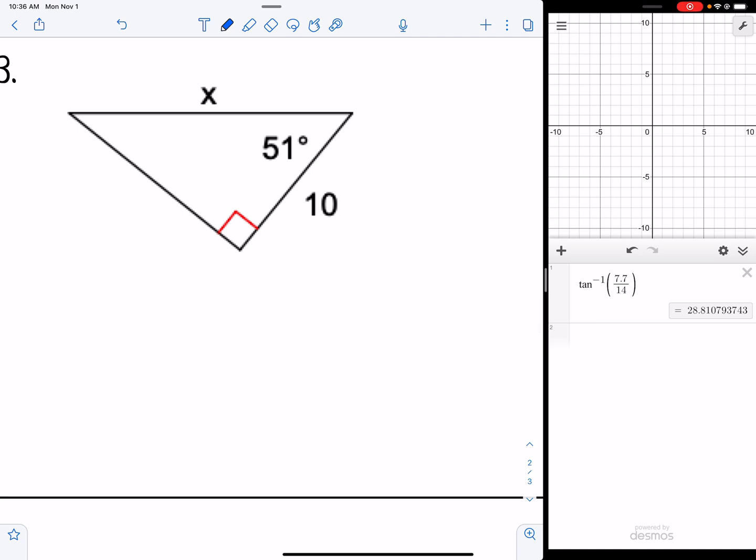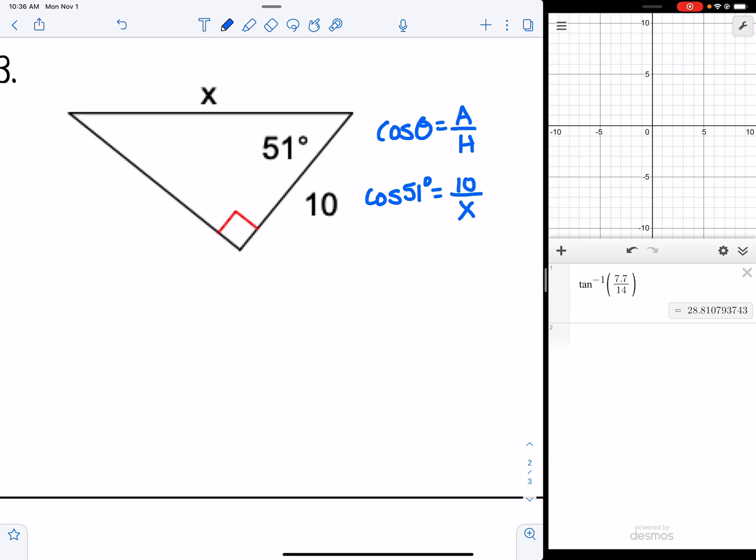So let's set it up. Cosine of theta equals adjacent, which was 10. Or actually, let's just write that formula first. Adjacent over hypotenuse. So cosine of theta equals 10 over x. Now we know theta is 51, so let's go ahead and plug that in for theta this time. So cosine of 51 degrees equals 10 over x.